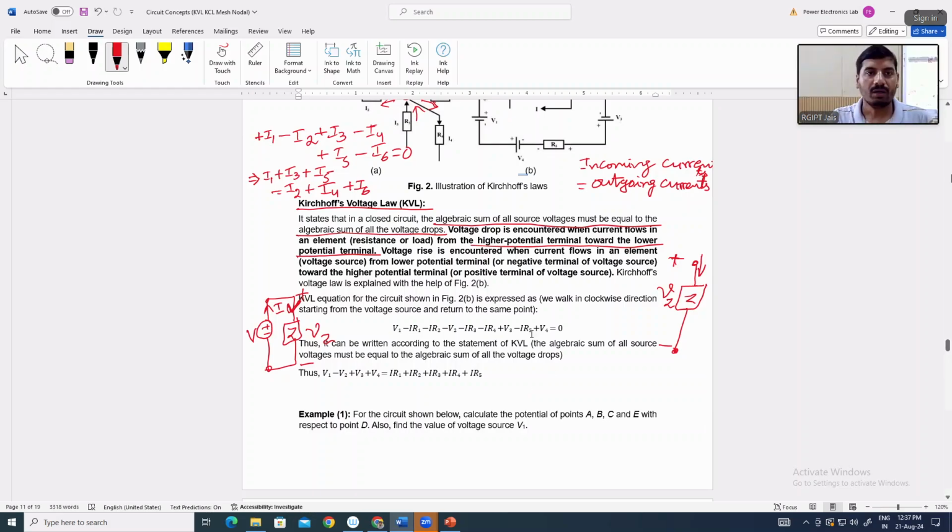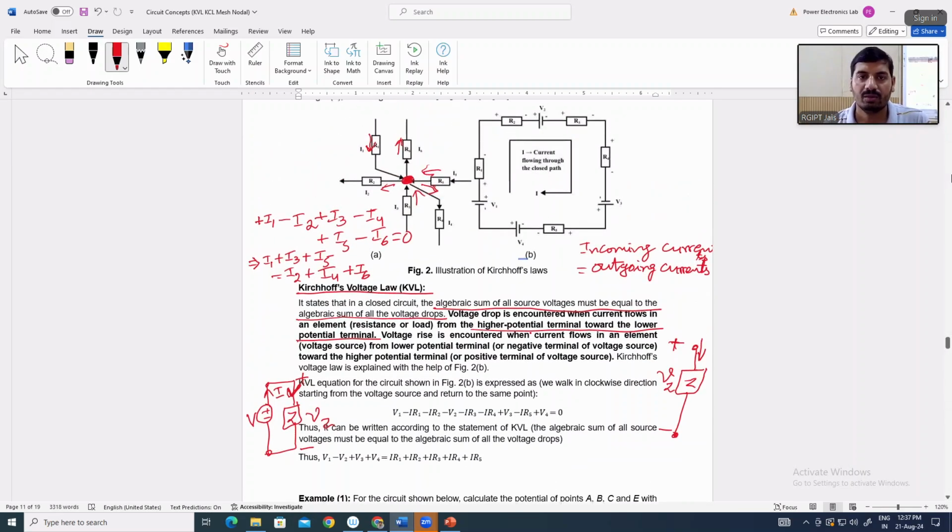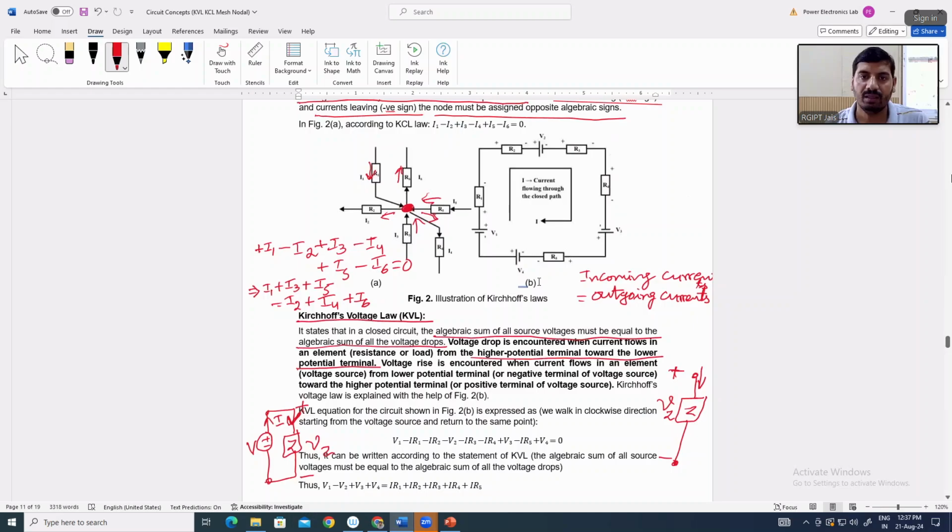So according to the KVL, you know that KVL will be applied in a loop. So in a loop, when we apply KVL, you can see example B here.